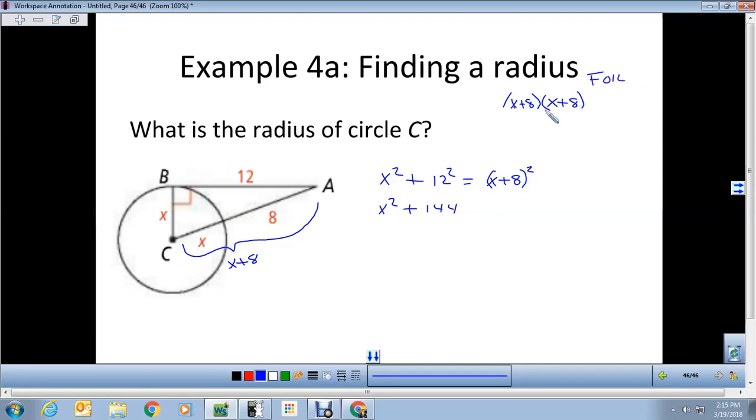We take the first numbers, x and x is x squared, the two outside, x times 8, is 8x, the two inside, x times 8, is 8x, and the two last is 8 times 8, which is 64. So now we combine our middle terms, which gives us x squared plus 16x plus 64. And we're going to substitute this whole thing over here for the x plus 8 all squared.